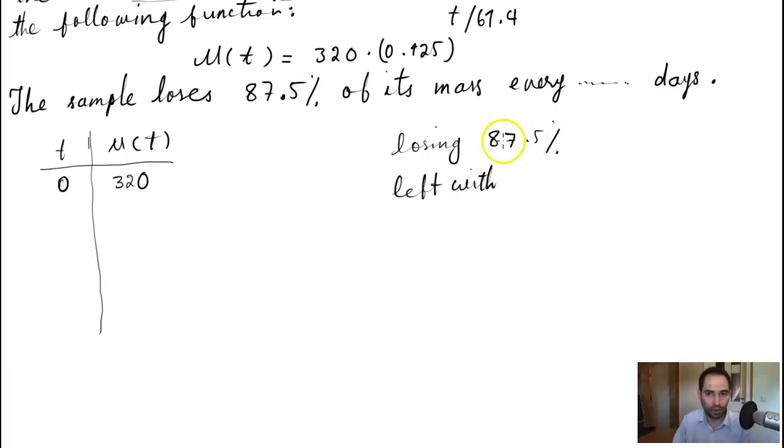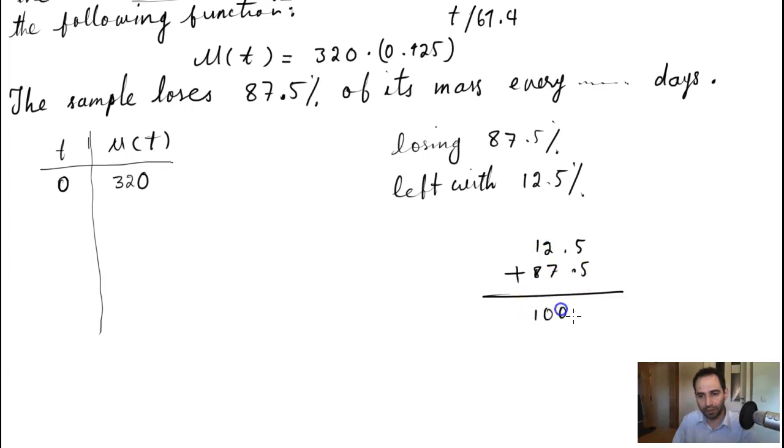You're left with 12.5%. That is basically the same thing. When you say you're losing 87.5%, it is the same as saying you're left with 12.5%, because 12.5 plus 87.5 is equal to 100. So this is 100%.